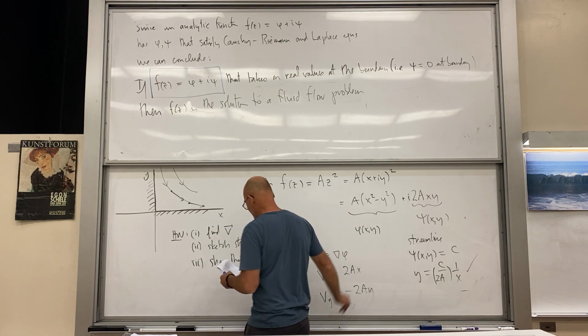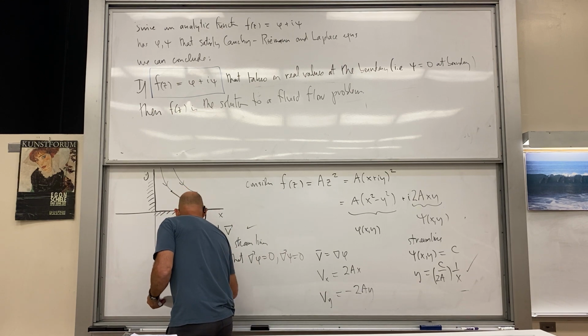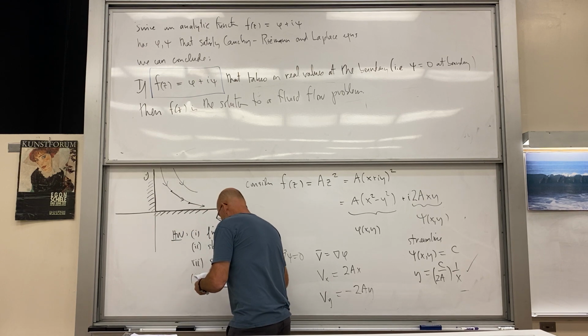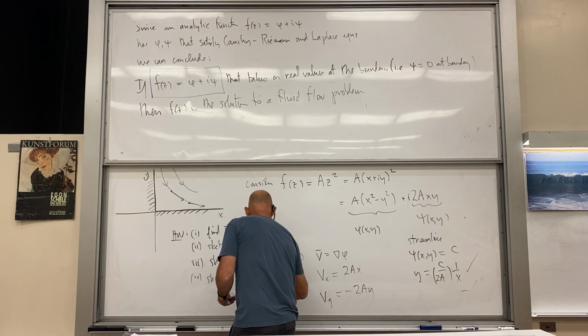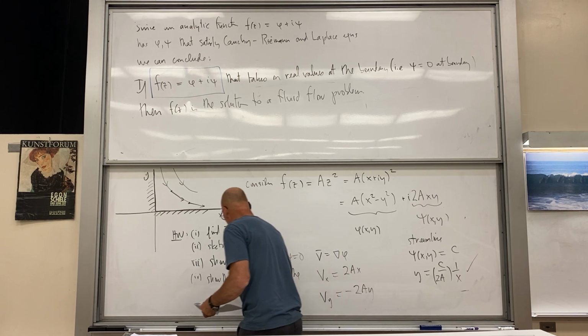Of course, that'll be trivial. 4, show that v dot n hat equals 0. So v dot surface normal equals 0 at the boundary.